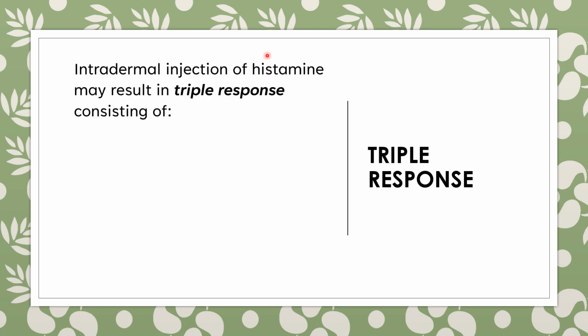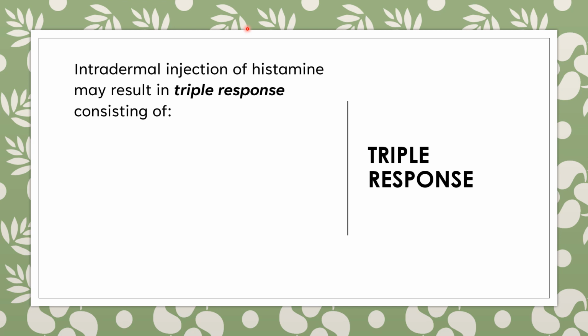For the pharmacological effect of histamine on the intradermal tissue, it can cause the development of the triple response. Intradermal injection of 10 to 20 microgram of histamine produces a triple response. Insect and plant stings mimic many of these responses.